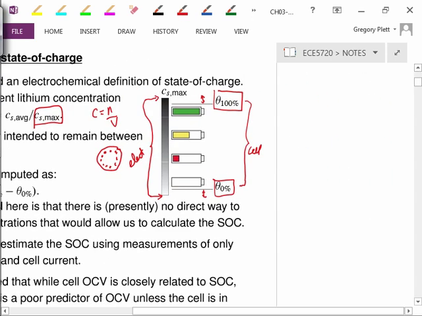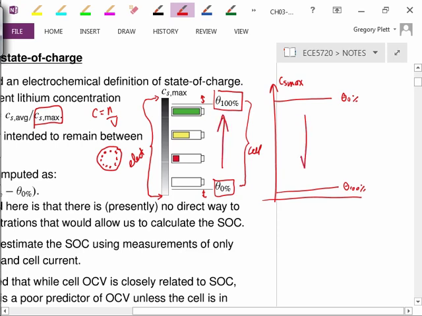We understand that lithium moves between the negative electrode and the positive electrode back and forth. So for a positive electrode, I would actually have theta 100% being smaller than theta 0%, because as I charge a battery cell, this is going up and that is going down. The electrode SOC is going down while the cell SOC is going up.